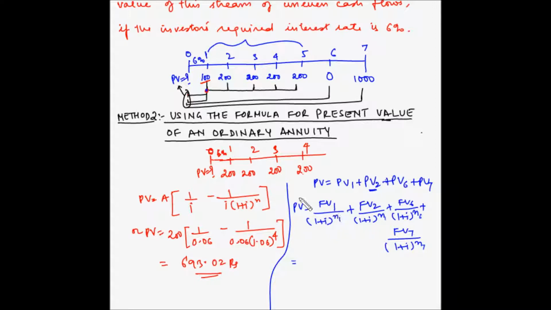FV1 is 100, so 100 divided by, now i is 6%, so this becomes 1.06. n1 is 1, so this will be as is.